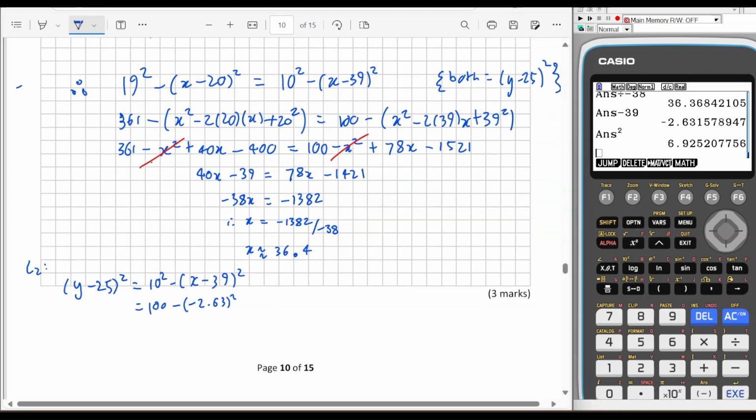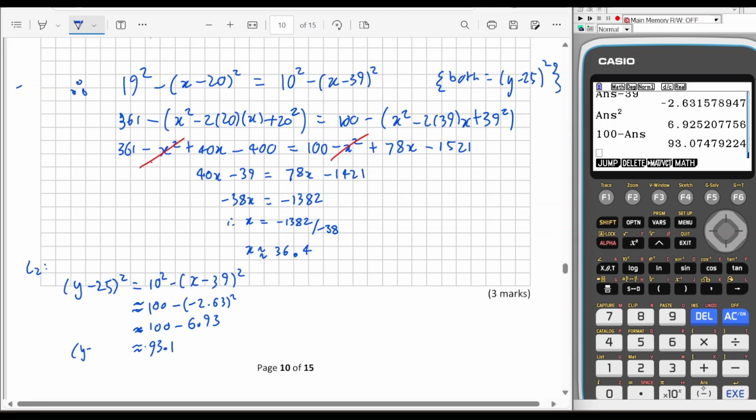So this is 100 take 6.93, which all these should really be approximates. Roughly equals, so we'll go 100 take that answer we just got, 93.1.